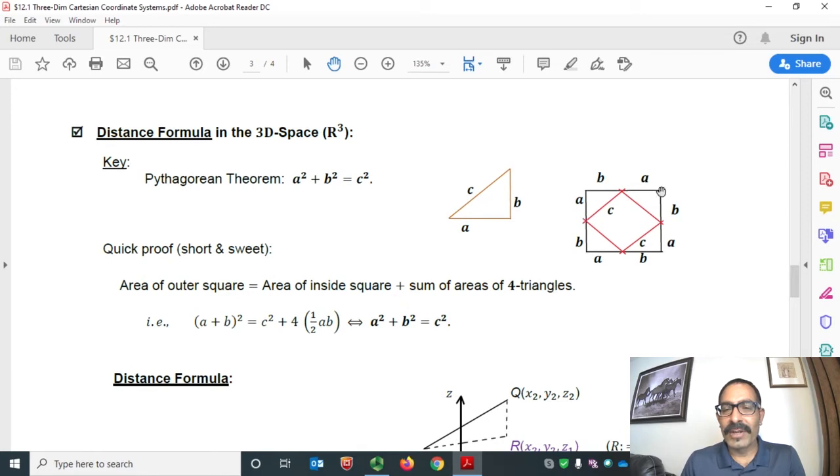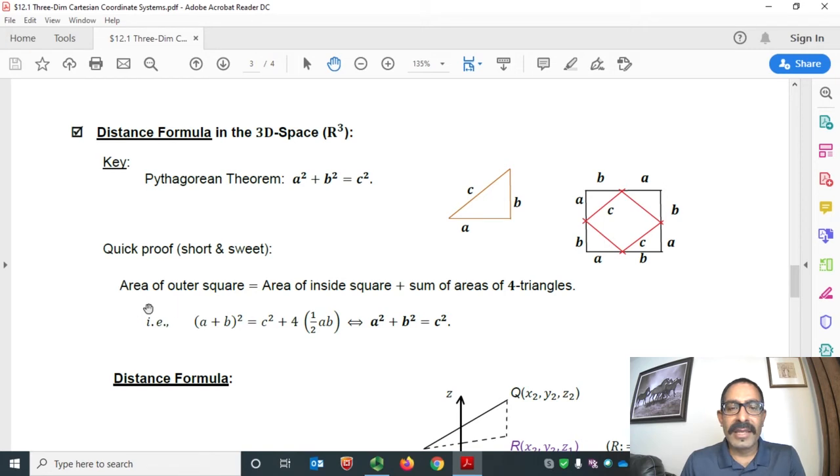Let's take a square here whose sides are a plus b, a plus b, a plus b, a plus b, and draw another square inside that big square. The inside square's sides are c, c, c, c.